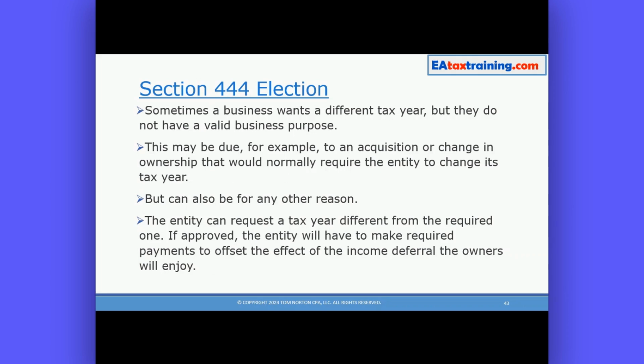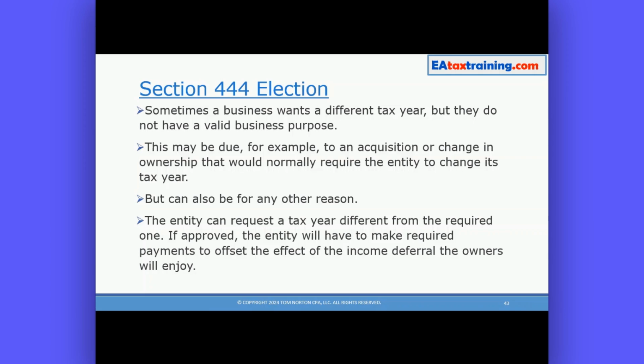And so, for example, you could have an acquisition or a change in ownership that would normally require the entity to change its tax year. So let's say you had a business that has to have the same tax year as the majority of their owners. And so let's say they're on a calendar year, but then they get acquired by a C corporation that has a June 30th tax year.